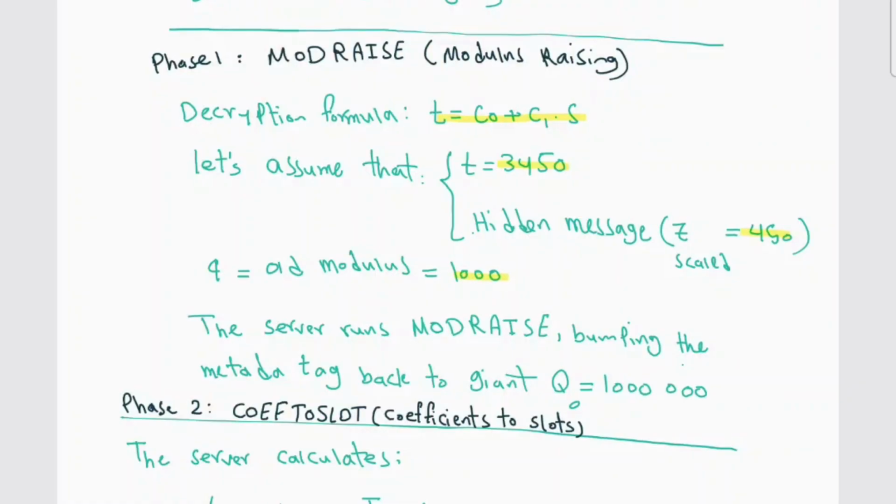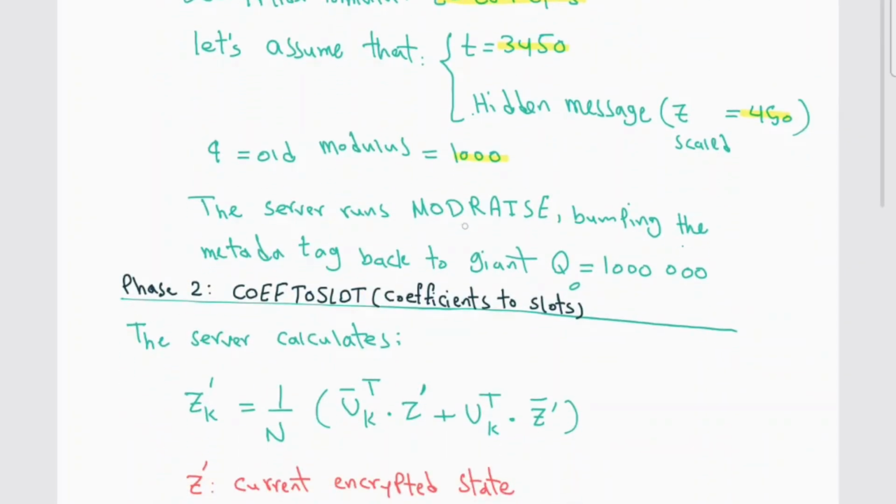This is the old modulus; if you remember, I said we should choose Q as 1000. Now the server runs modulus raising and bumps the metadata tag to 1 million. So what I'm doing here is resetting my Q to be 1 million.